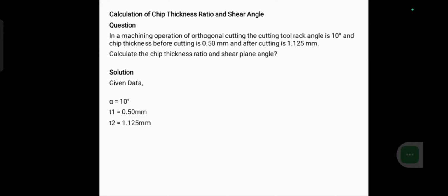Chip thickness after cutting T2 equal to 1.125 mm. As we know, chip thickness ratio R equal to T1 by T2. So R equal to 0.50 by 1.125. So R equal to 0.44. So the chip thickness ratio will be 0.44 and it will not have any unit.